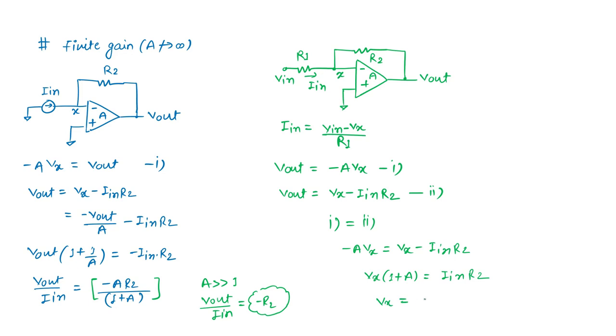So Vx can be simply written as Iin R2 divided by 1 plus A. This is my Vx. Then what can be the Iin?